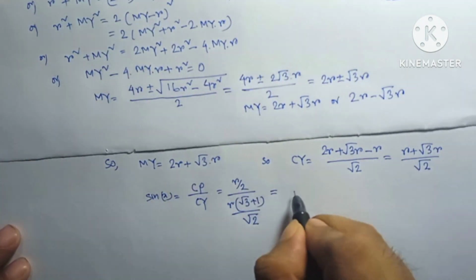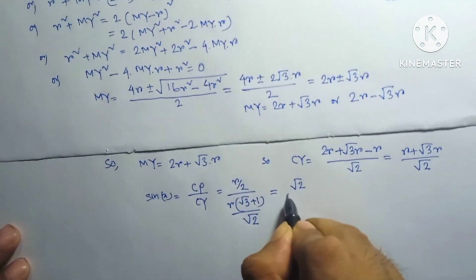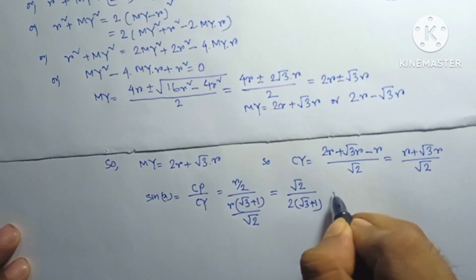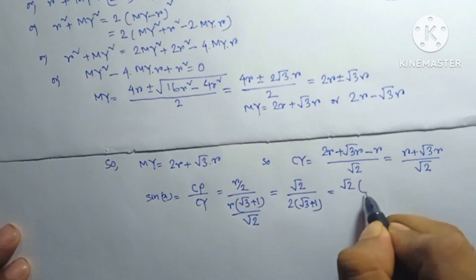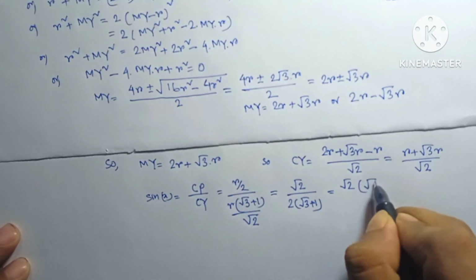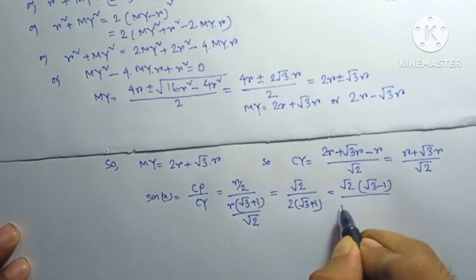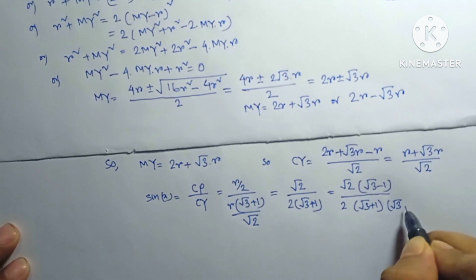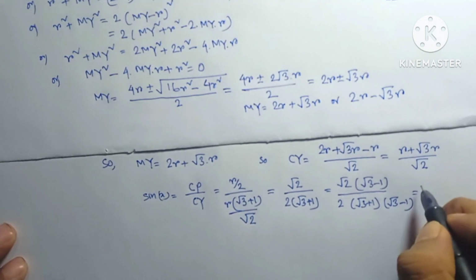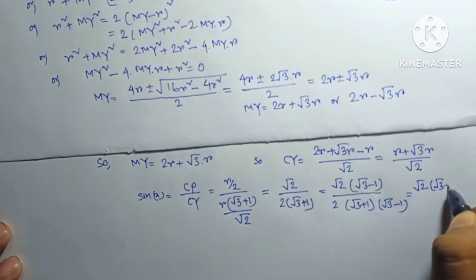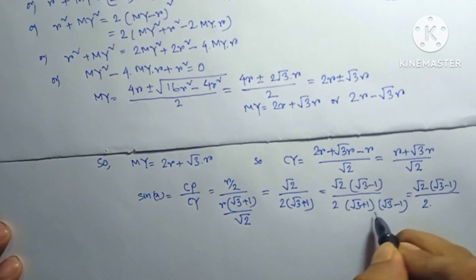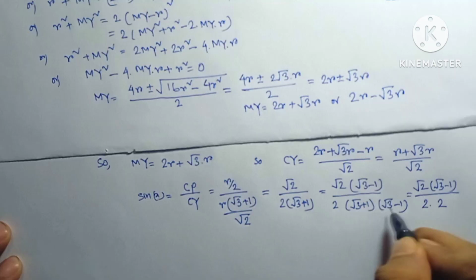By simplifying, we can write it as root 2 over 2 times root 3 plus 1. Just multiply the denominator and numerator by root 3 minus 1. So 2 into root 3 plus 1 multiplied by root 3 minus 1 gives 2 times 2, and this is equal to root 2 times root 3 minus 1 over 2 times 2.